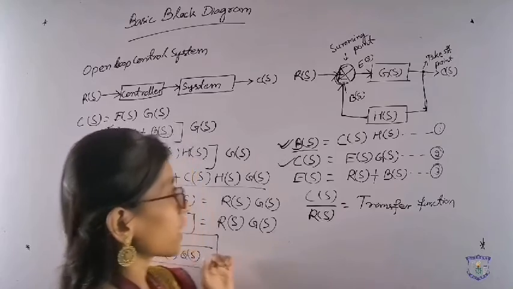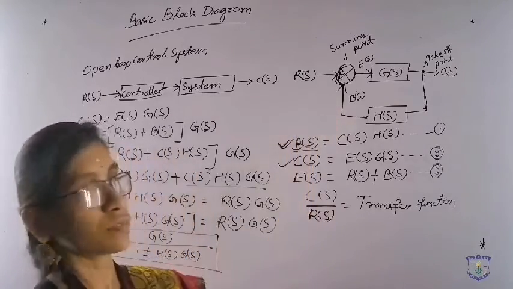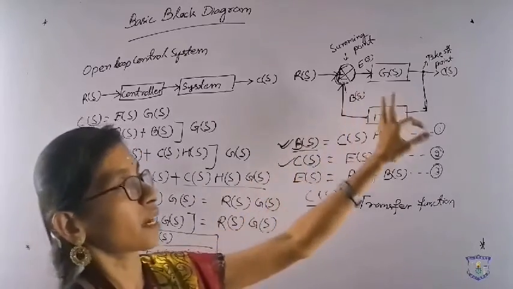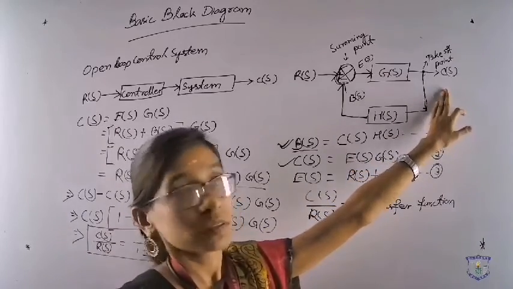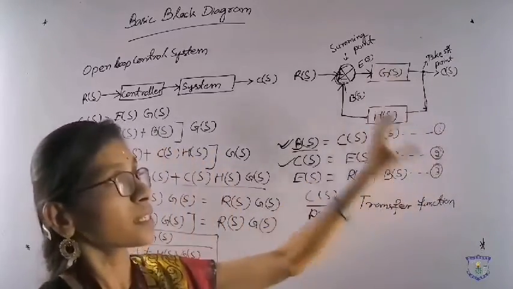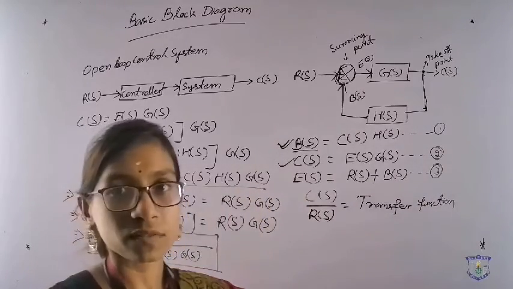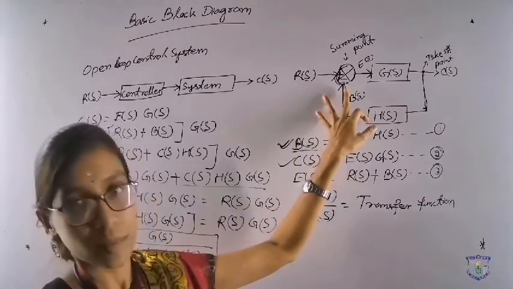So negative feedback is more advantageous compared to positive feedback, because if I take the positive feedback, your output will increase step by step. So this will decrease the system stability. To maintain the stability of a system, we must take this feedback as negative feedback.